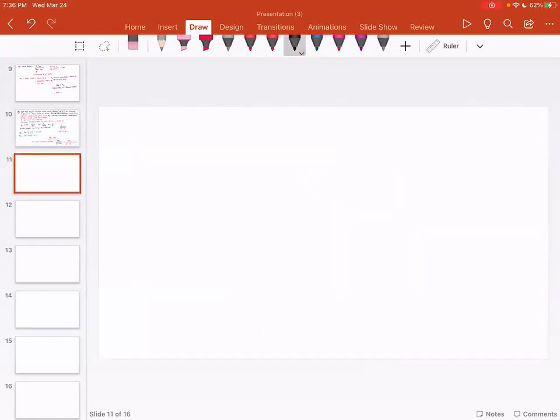So I'm going to assume the number of teeth on pinion is equal to 20.